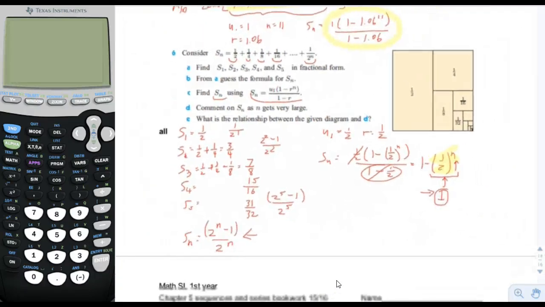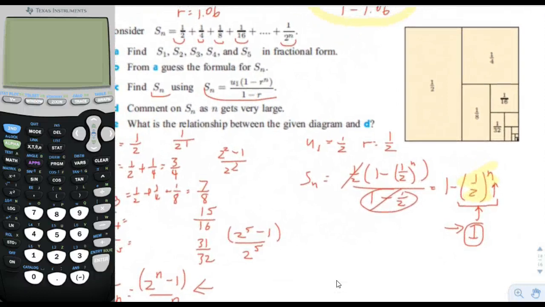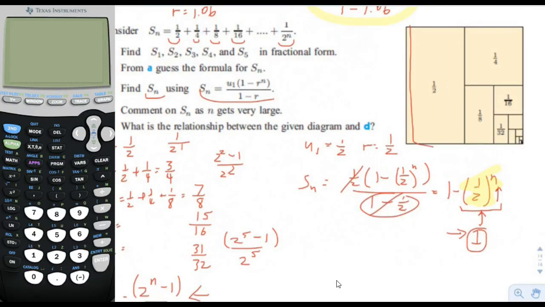So if you look at this, this is a square, and they just cut it up into 2 halves. And then they cut that half into 2 halves. And then they cut that half into 2 halves. And they just keep doing that. And as you can see, if you look at the fractions of each of these, it follows the geometric series formula right there, right?